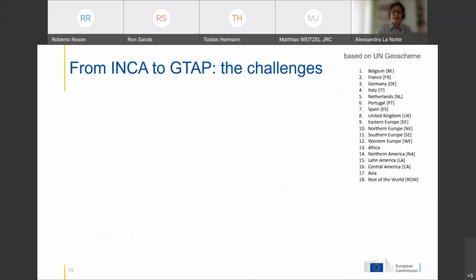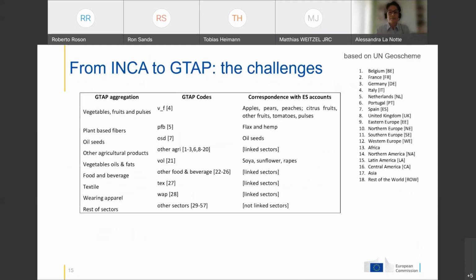And this is the table that requires a little bit of work: trying to identify the correspondence between the GTAP codes and aggregation and the crop classification that we had for pollination in our ecosystem service accounts.